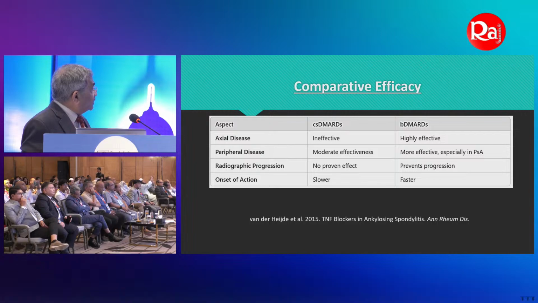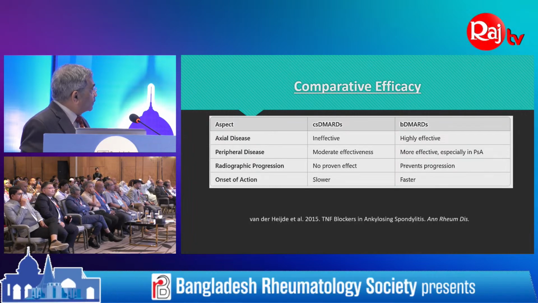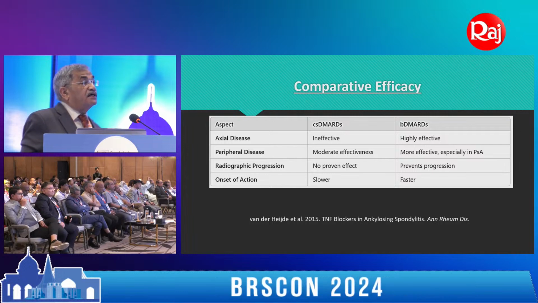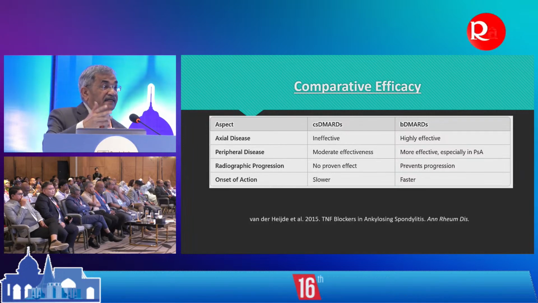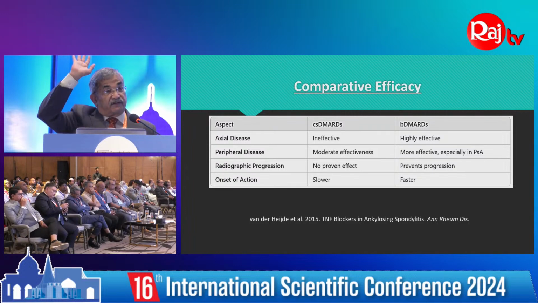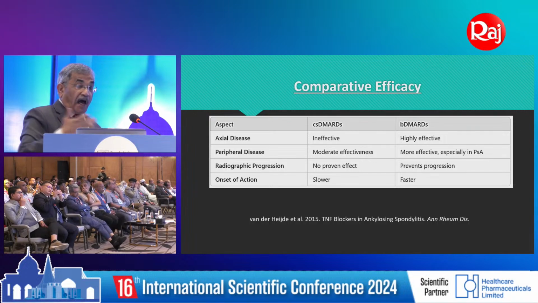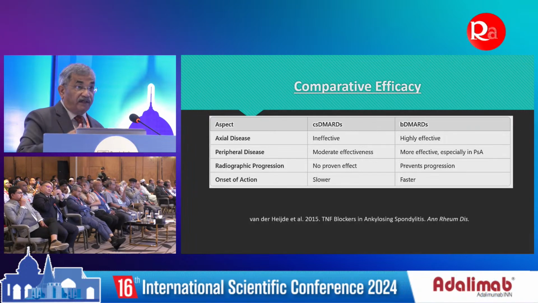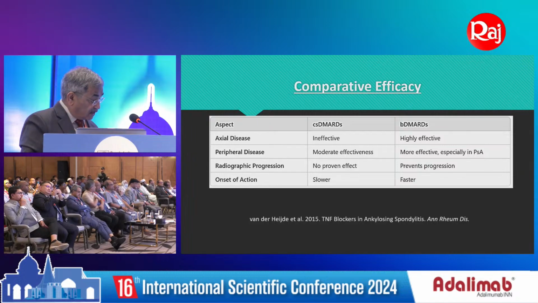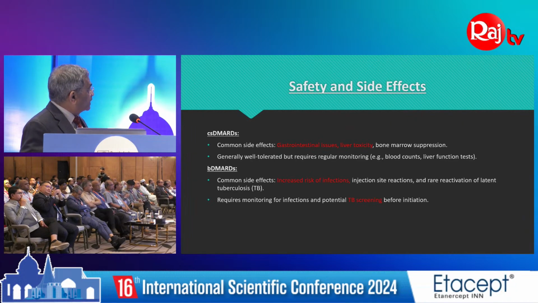Conventional drugs are ineffective in axial disease and radiographic progression, and onset of action is slower. Society does not want to start a drug that will work after 3 months. I am appearing for an examination, I am a busy professional, so I want fast-acting drugs, which are also preferred. That is how we compare these two drugs.